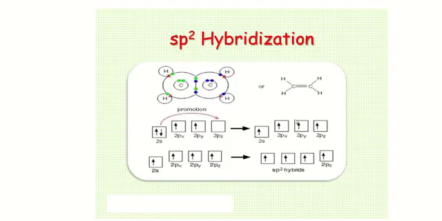as excited state, and in the last, when the process of hybridization takes place, one s orbital and two p orbitals will mix to form three sp2 hybridized orbitals, while the 2pz orbital will not participate in the bonding and will make a pi bond.